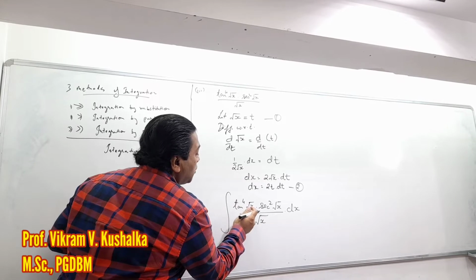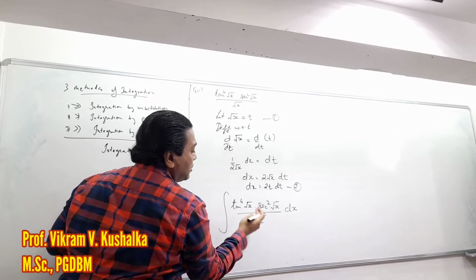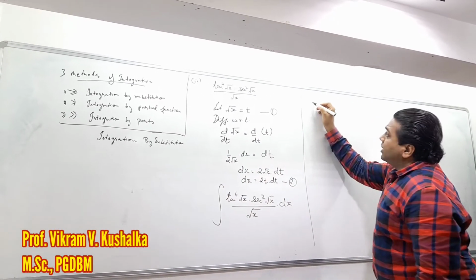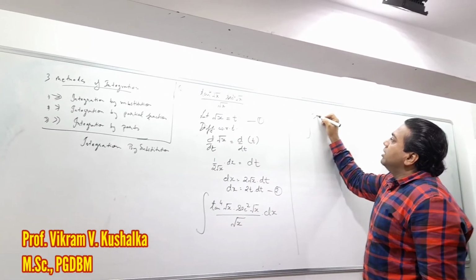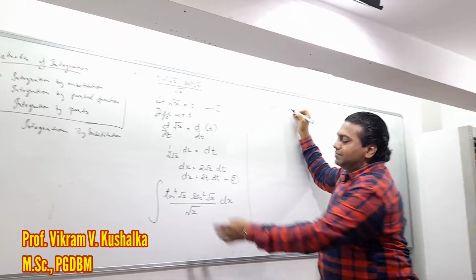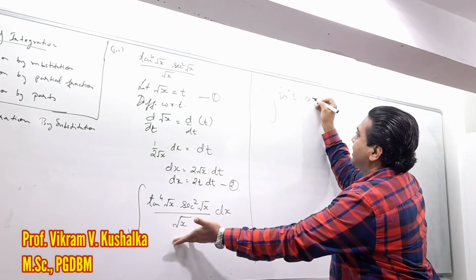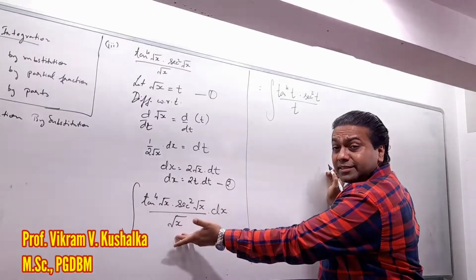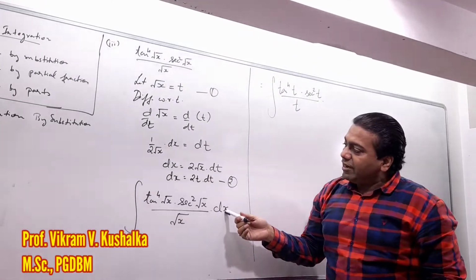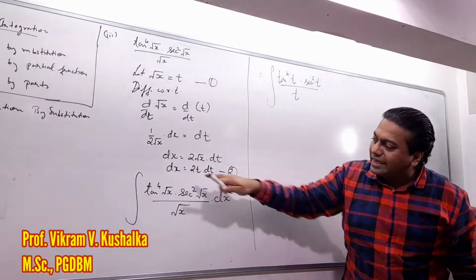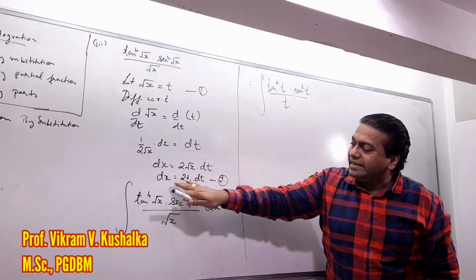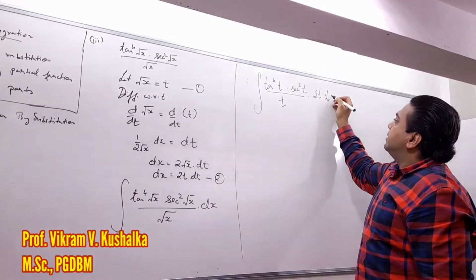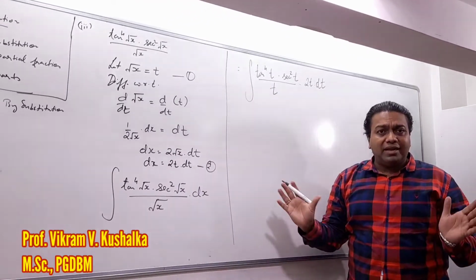Now tan to the power of 4 root x, since root x is equal to t, in all the three cases this integration term will change to integration of tan to the power of 4t into sec square t over t, because my root x is equal to t, into what is the value for dx? From my second equation, I can very clearly see dx is equal to 2t dt. So this is 2t dt. Are you clear over here?